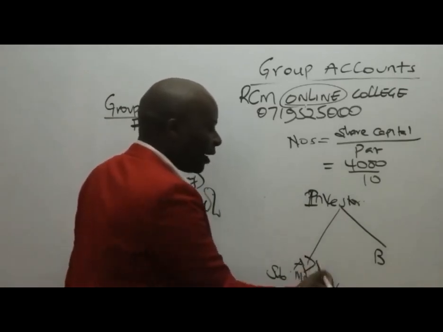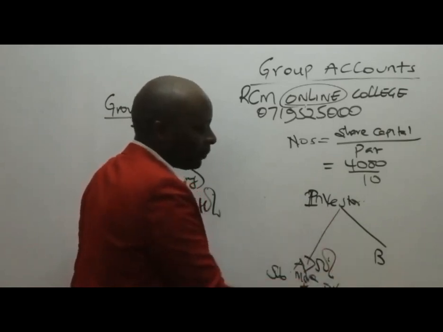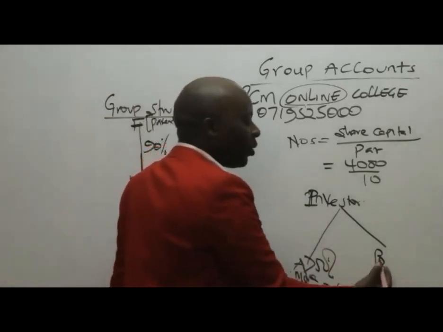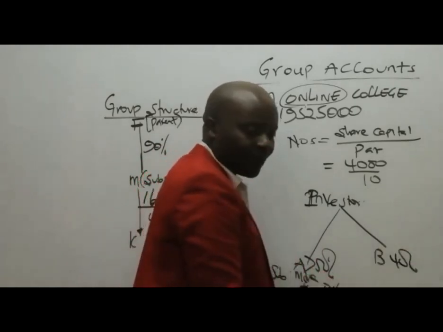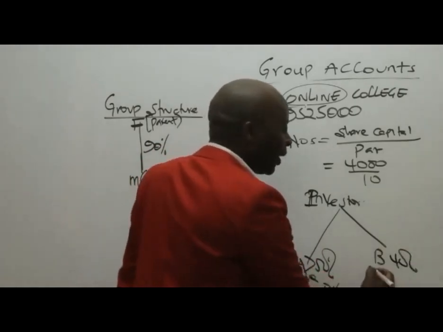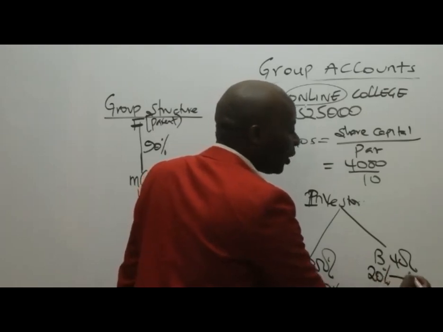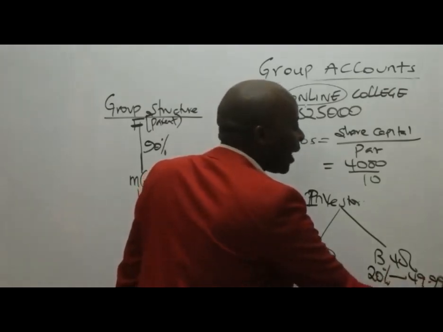So here it's more than 50%, then A becomes a subsidiary. What if, for example, we had an investment of 40% in B? Of course, 40% will be falling in this class, 20% all the way to 49.999%.